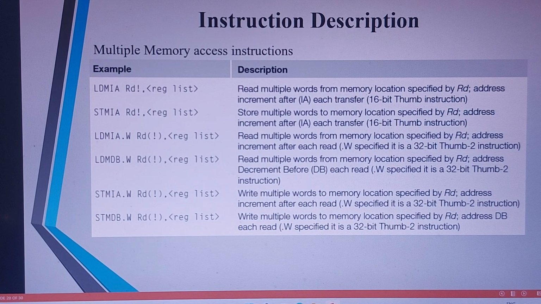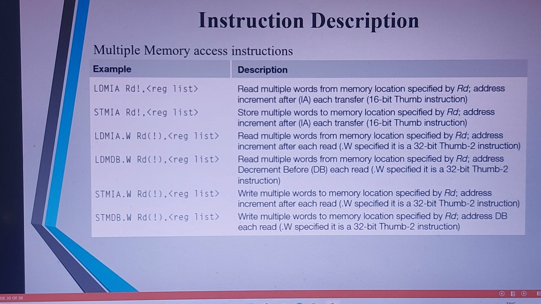Similarly, here you can see store multiple words to memory locations specified by Rd, address incremented after each transfer. So we need not explicitly increment the register to point to the next memory location. Instead, in a single instruction, we can perform both the transfer and increment operations. So the programming becomes compact and code density can be increased.